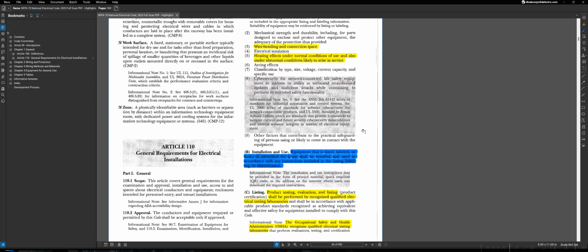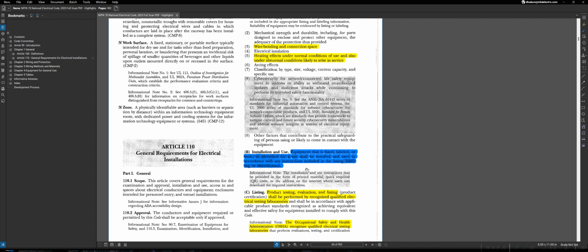That brings us to 110.3(B), which is actually the first direct rule that we have to do something in the entire NEC. And if we look at what that rule is, Part B, Installation and Use, it plainly says equipment that is listed, labeled, or both, or identified for a use, shall be installed and used in accordance with any instructions included in the listing, labeling, or identification.